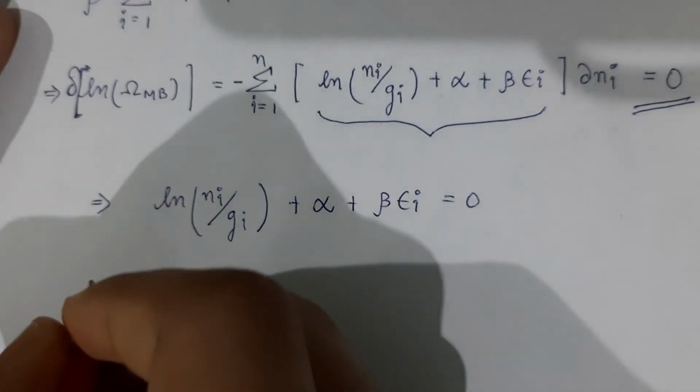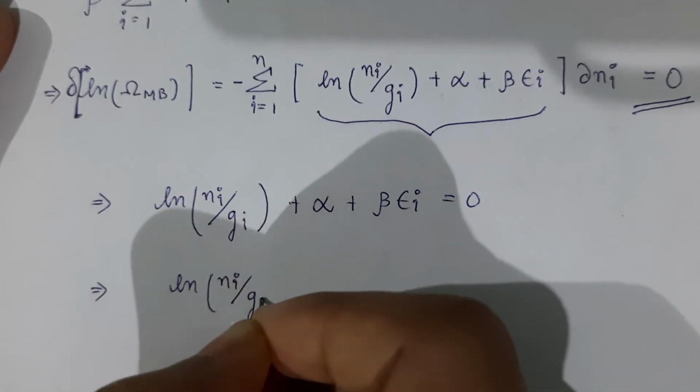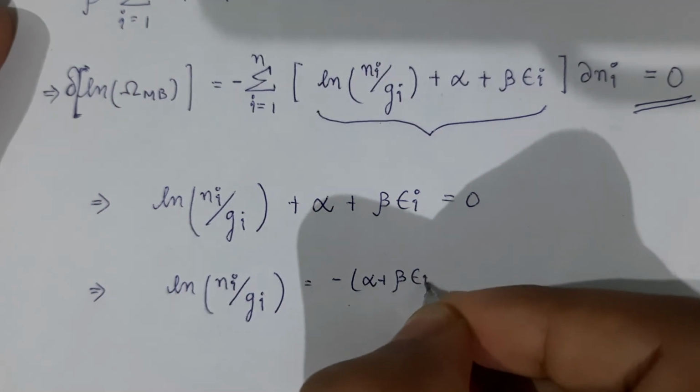Taking these terms to the right hand side, ln of Ni over Gi is equal to minus alpha plus beta times Ei.